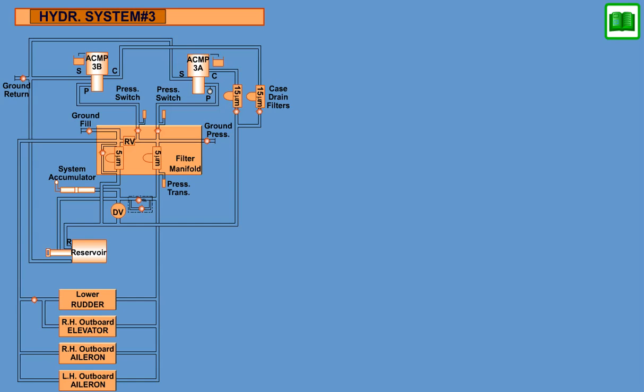System 3 filters the supply fluid coming from the aircraft pumps ACMP 3A and 3B, return fluid from the users, reservoir fill, and incoming supply pressure fluid from the ground service panel.